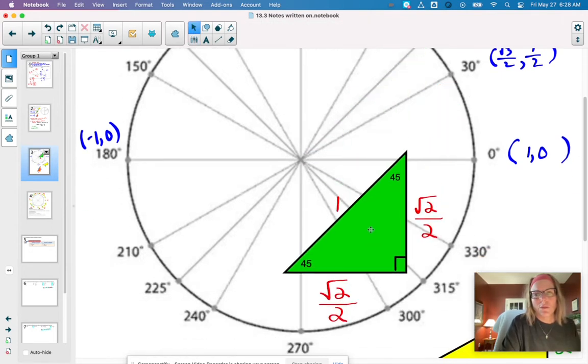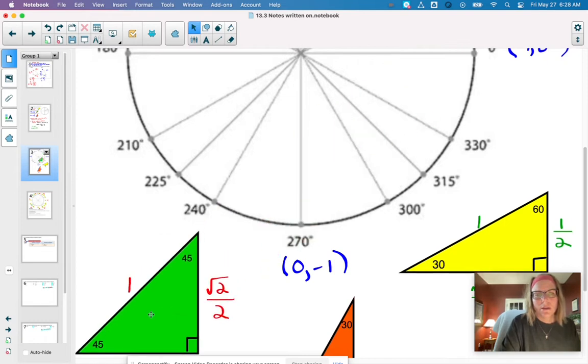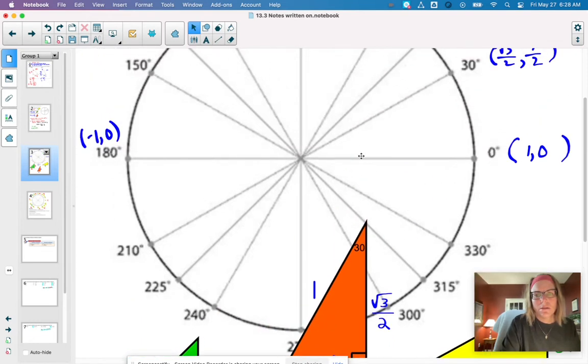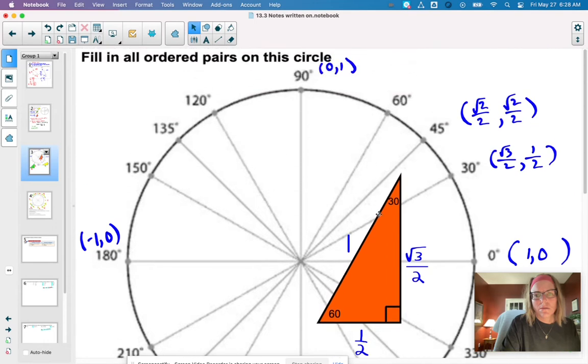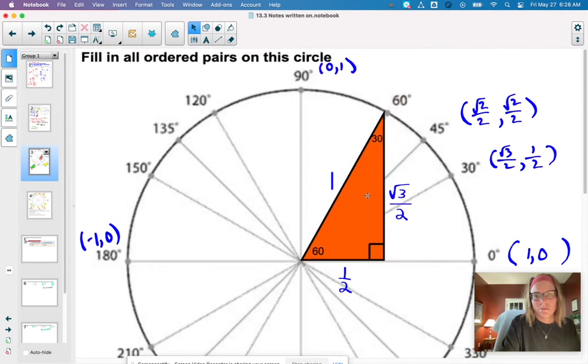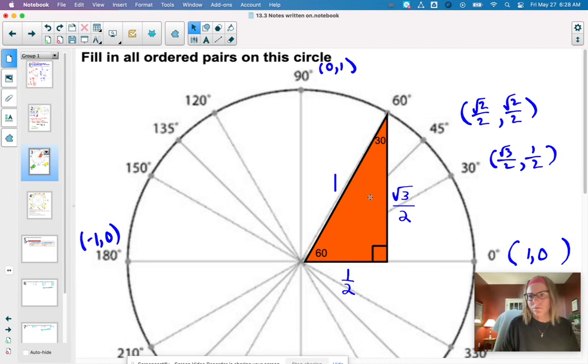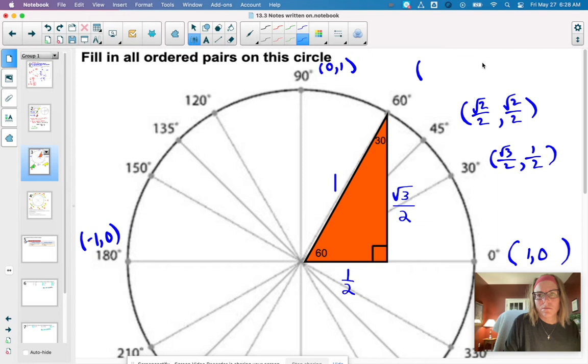I'm going to move this one out of the way and grab this one. So again, to get the coordinates at 60 degrees, when our angle theta is 60 degrees in standard position, we're going to the right 1/2, and we're going up square root of 3 over 2.